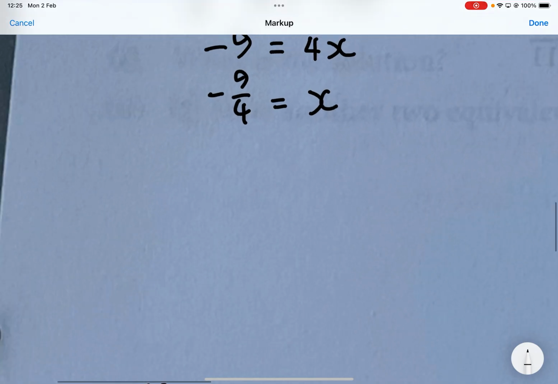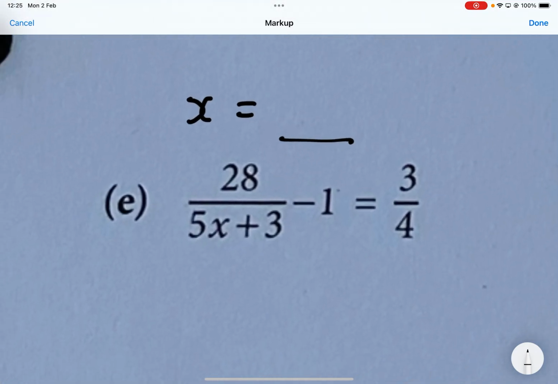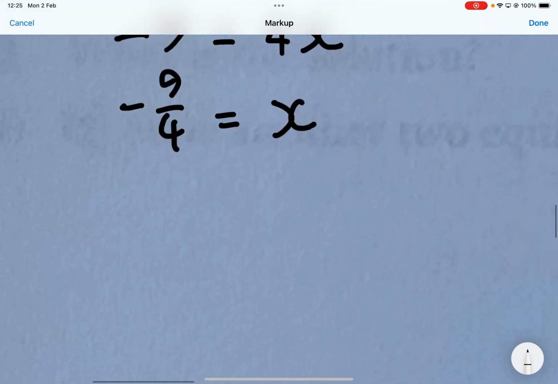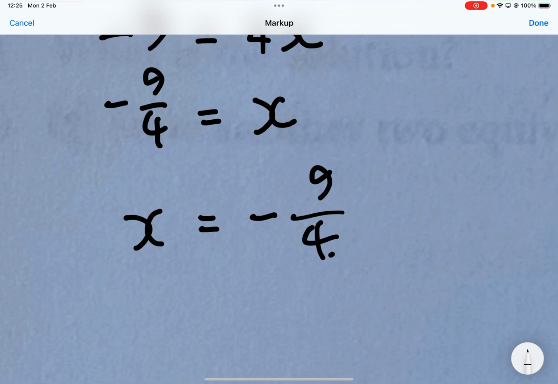Because finally, I want x to be alone on the left. So I just switch their left and right. I don't change the sign. x is still x. Negative 9 over 4 is still negative 9 over 4. I just left go to right, right go to left only. Then this is my final answer.